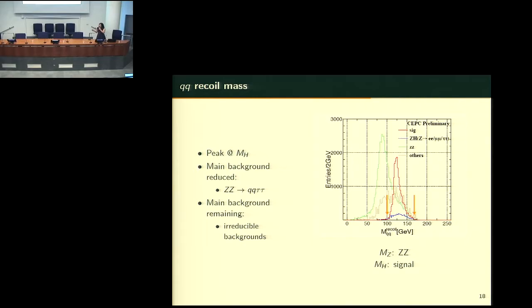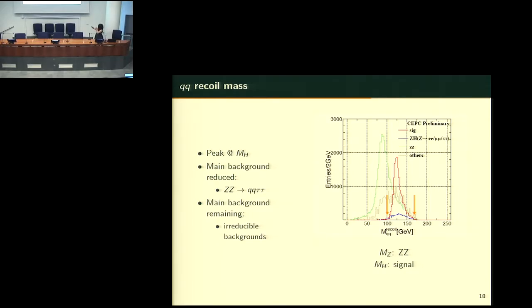And after the previous step, most of the remaining background has the same final state particles as our signal, which is QQ tautau. And this background can be reduced by using the recoil mass of the QQ system, since the recoil mass of ZZ to QQ tautau should peak at the Z mass.